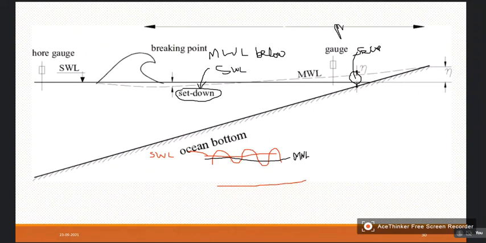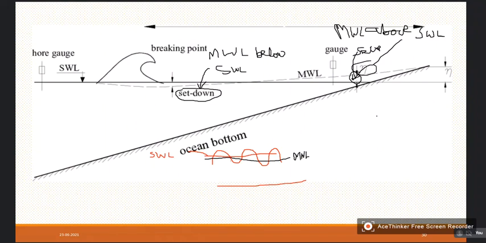Whereas if the MWL is above the SWL, then it is set up, and it is indicated by eta.